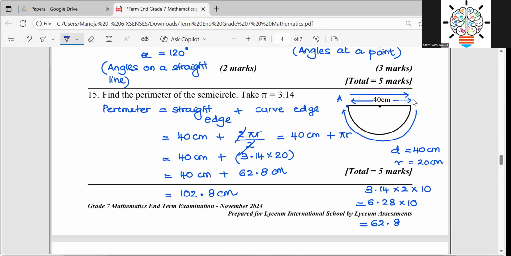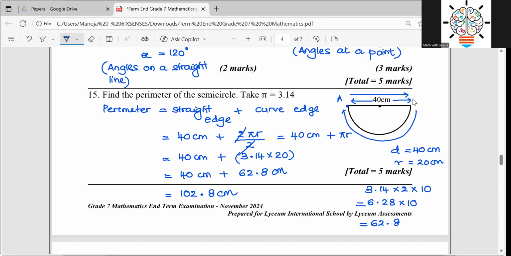And 2 and 2 will be cancelled. You have only pi r. Pi is 3.14, and you want to multiply it by 20. Why 20? The diameter is 40. The r should be half of that, so it should become 20. And 20 I can expand as 2 times 10. And 3.14 I multiply by 2. And whatever answer I get, I multiply it by 10 and get the answer 62.8. And I add 40 to the answer 62.8.